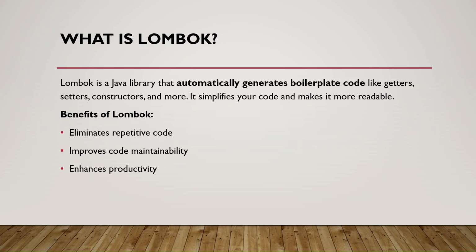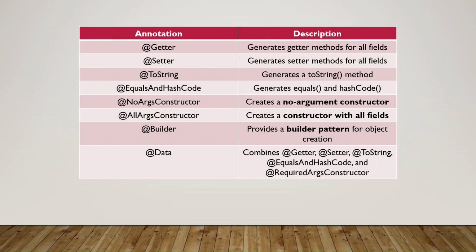We have a few annotations for that. Instead of writing getters manually, we can just use the annotation @Getter. It will generate all the getter methods for all the fields. @Setter will write the setter methods for all the fields. We have the @ToString annotation for the toString method.